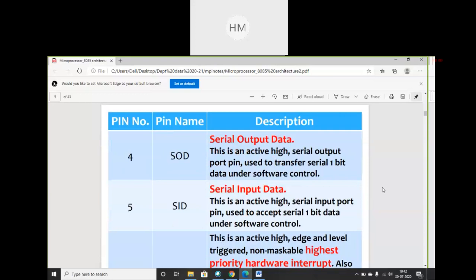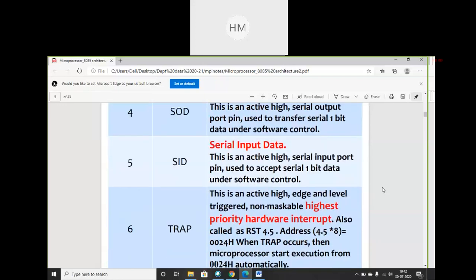If I want to generate a 1-bit output, display that data on the computer screen, or print it, then I have to connect it externally. Here, serial input data. This is an active high serial input port pin used to accept serial 1-bit data under software control.